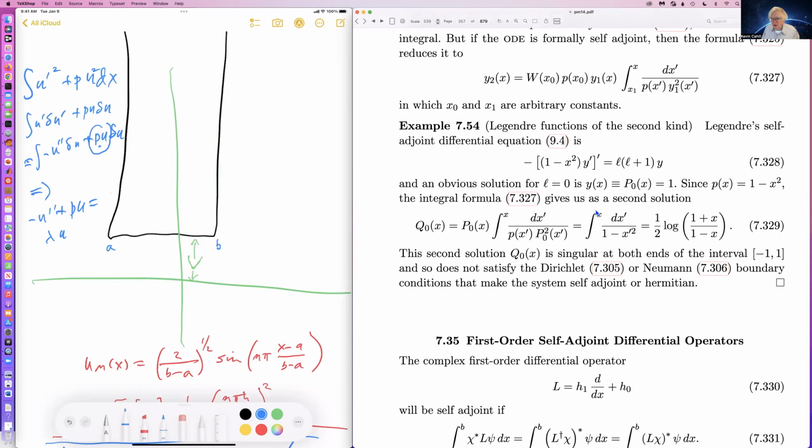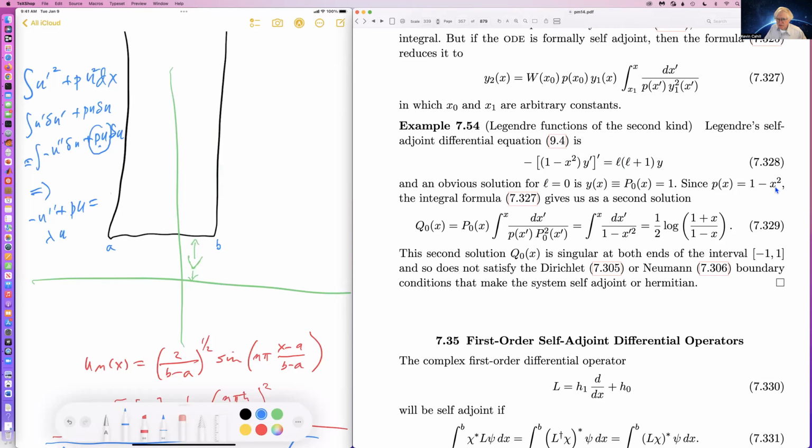And so, for example, Legendre's differential equation, which is formally self-adjoint and is part of a singular self-adjoint system. An obvious solution for L equals 0 is P0, which is equal to 1. So the left-hand side is 0, the right-hand side is 0 because L is 0.